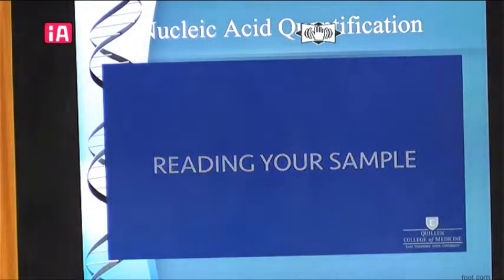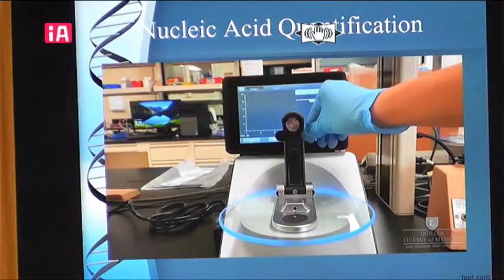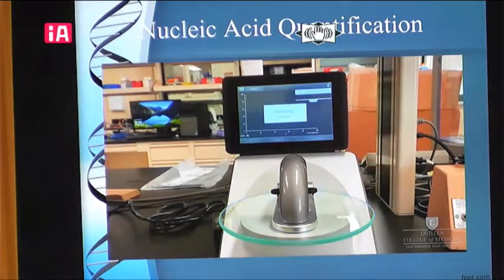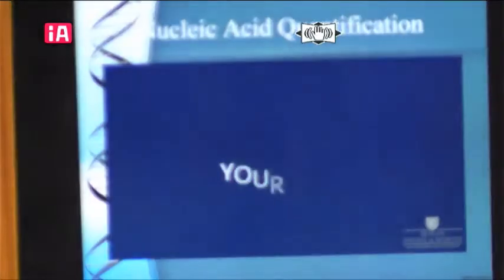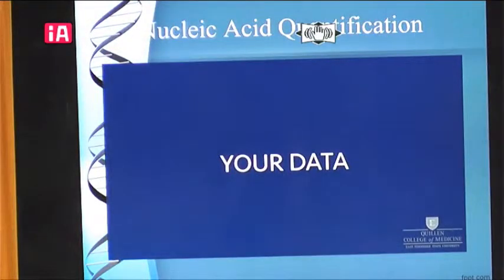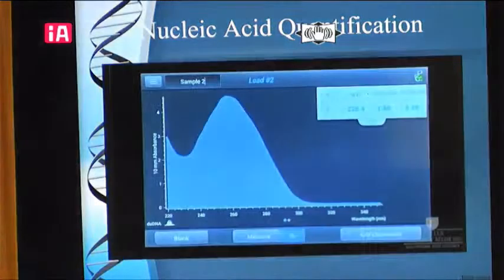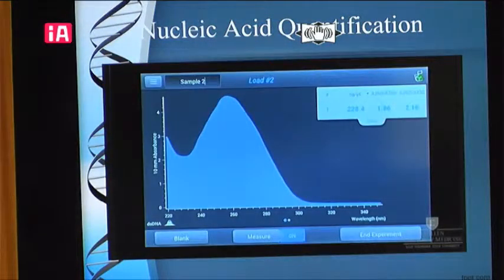Then after you have blanked it, you now measure your samples to see the concentration as well as the purity level. So from what you can see displayed over there, we can see the concentration of the DNA in that very particular sample too.